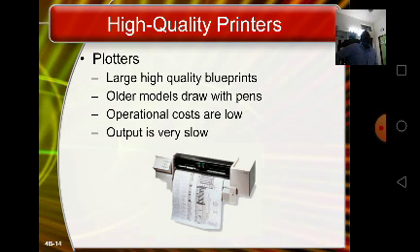Early plotters were bulky mechanical devices that used robotic arms which literally drew the image on a piece of paper. Table plotters use two robotic arms.